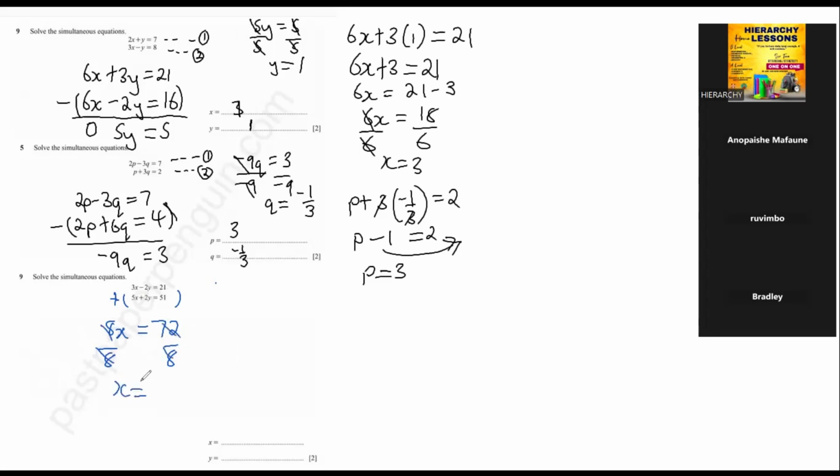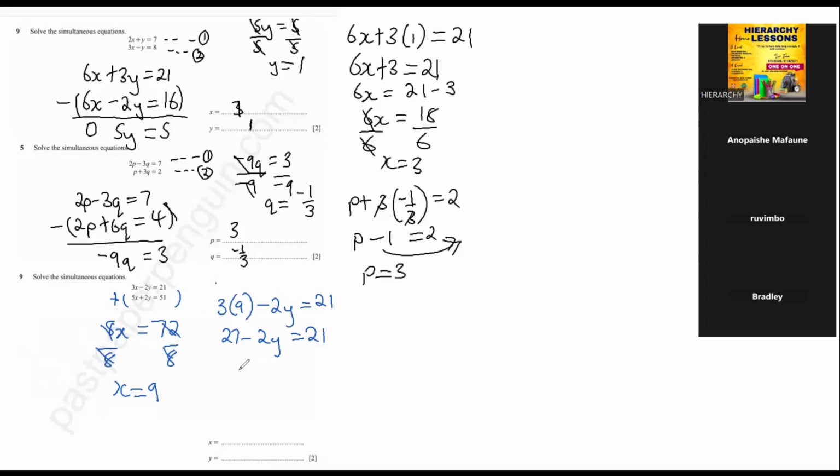x is 9. Okay. How do we find y? We use equation 1. We replace x with 9, so 3 times 9 is 27. We get 27 minus 2y is equal to 21.